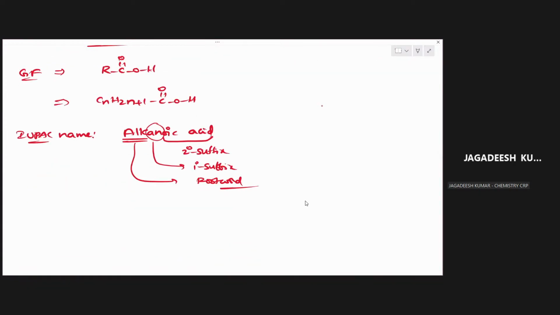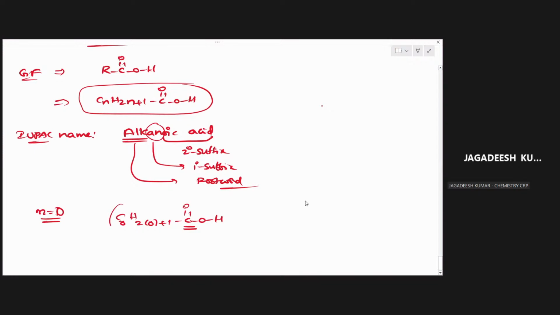Now, actually here 0 also exists. Why does 0 also exist in this compound? For example, if we substitute n value 0 in the general formula, CnH2n+1COOH, here C0, H2 into 0 plus 1, COOH. Actually, this carbon also we have to count because this is a continuous carbon chain.